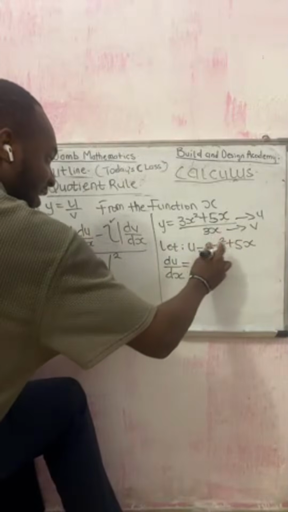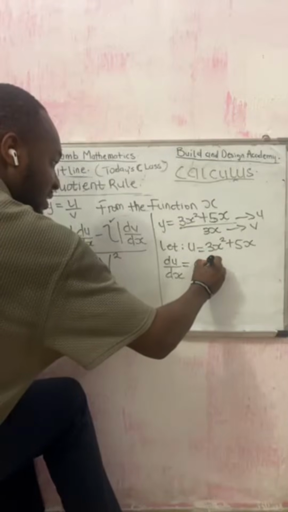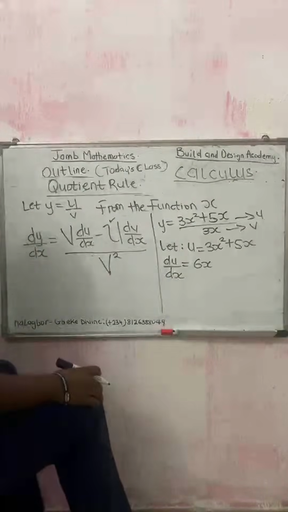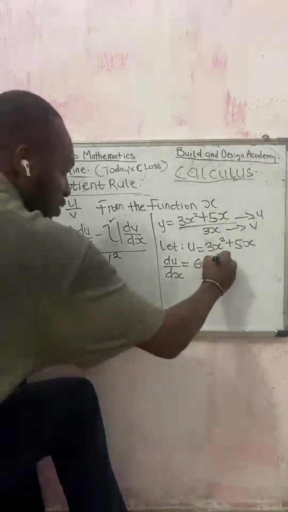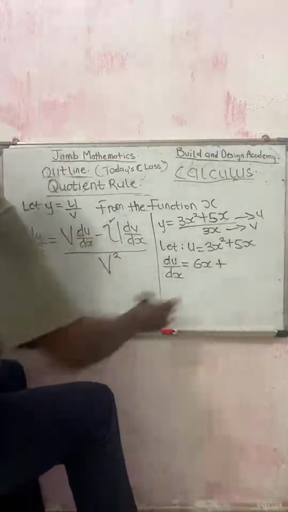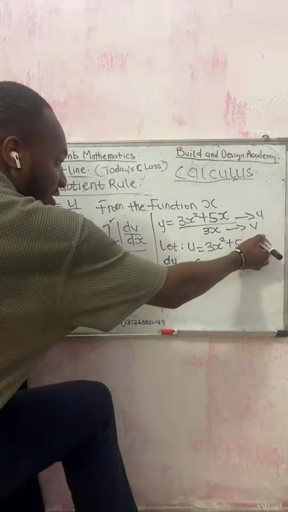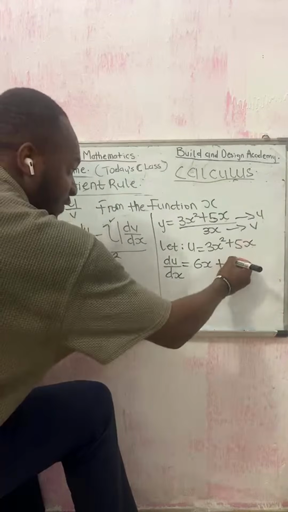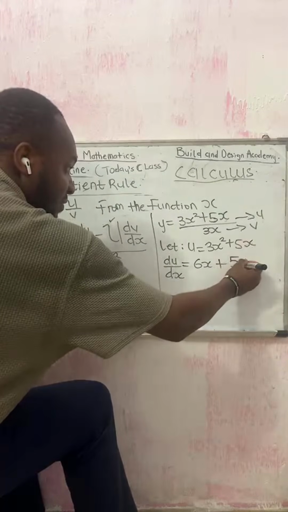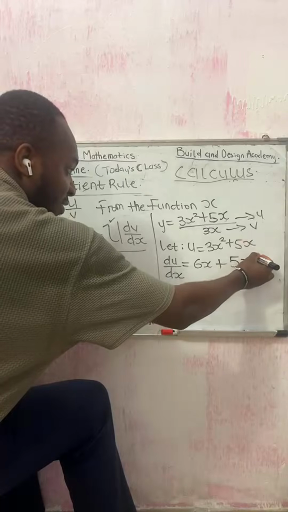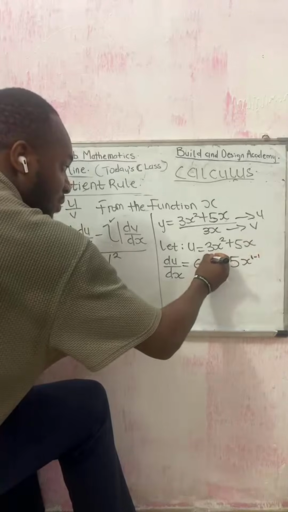So 2 times 3x will give us 6x. Then 2 minus 1 will give us x raised to the power 1, which is the same thing as x. Plus, if we differentiate 5x, x is raised to the power 1, right? So it will be 1 times 5x, which is 5x raised to the power 1 minus 1. Let me write it down like this so you understand.